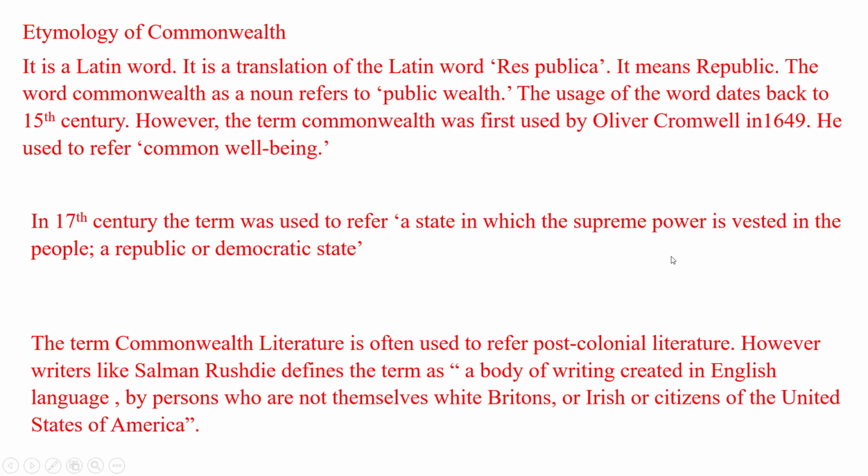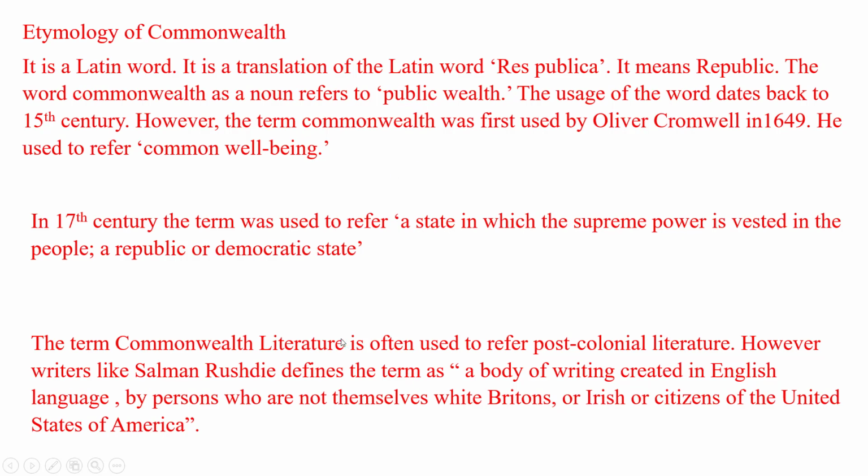The usage of the word dates back to the 15th century. However, the term Commonwealth was first used by Oliver Cromwell in 1649 to refer to common nation or public wealth. Used to refer to common well-being, that is public wealth, common wealth.